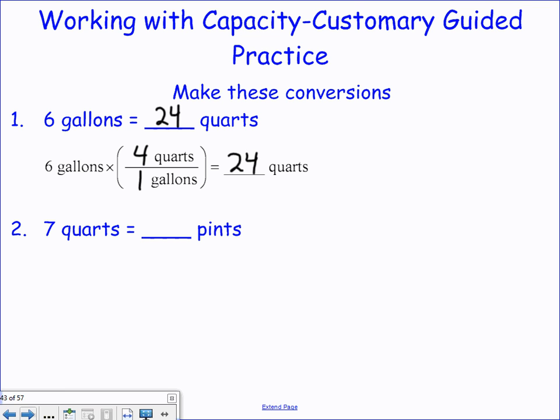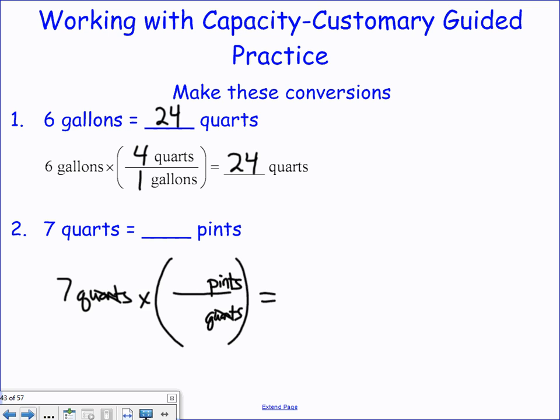The bottom one, we've got 7 quarts. Okay, so that's what we're starting with, and I'm going to multiply that by my conversion. I know that I want quarts on the bottom, again because I want those to cancel out. Pints is going to go on top. So now when I do this, it's going to equal the number of pints that I need.